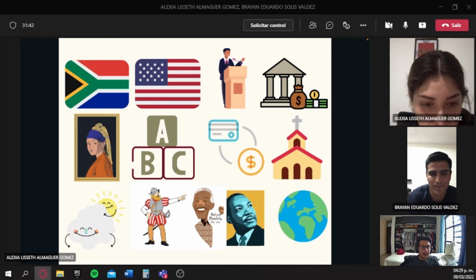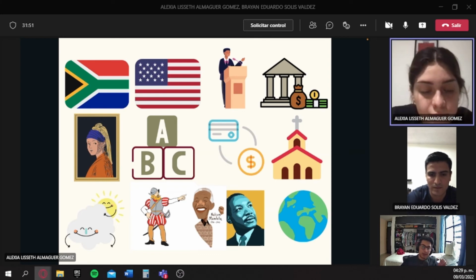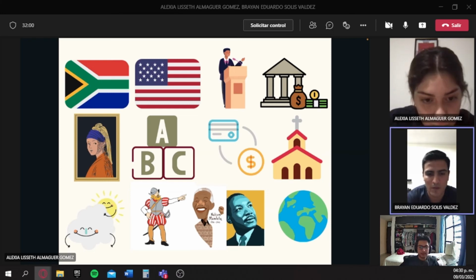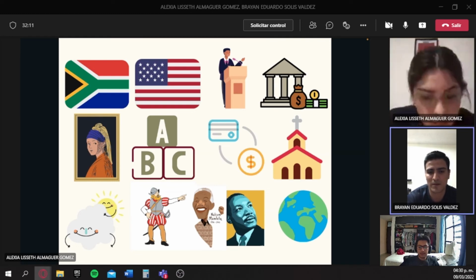And we have a little picture of Nelson Mandela and Martin Luther King, which means we are going to talk about the battle for human rights. So, Brian, could you please tell us about human rights? We know that the battle for human rights and against racism is present all over the world, but in this specific case, both countries had iconic representatives.